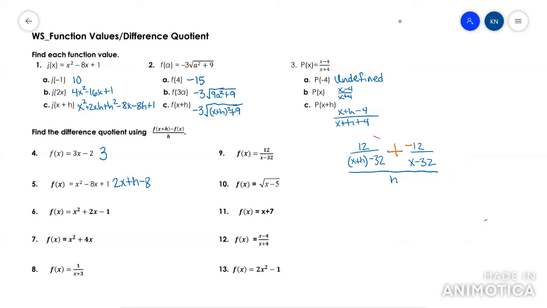So this fraction is going to get multiplied by this denominator on top and on bottom. And then this fraction is going to get multiplied by this denominator on top and on bottom. And I'm going to drop the parentheses when I do this.